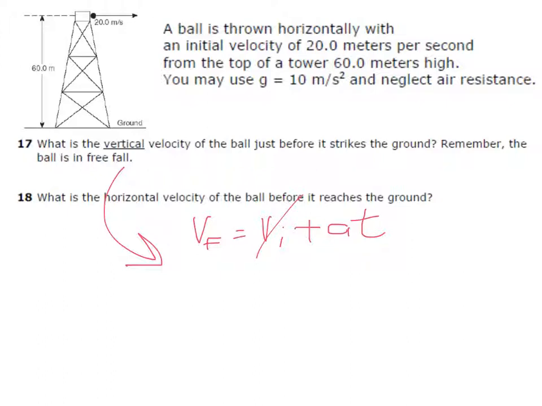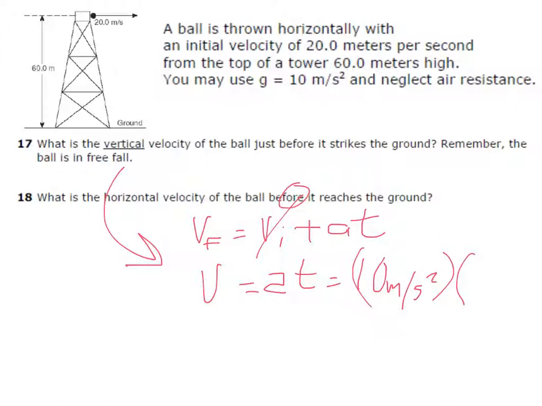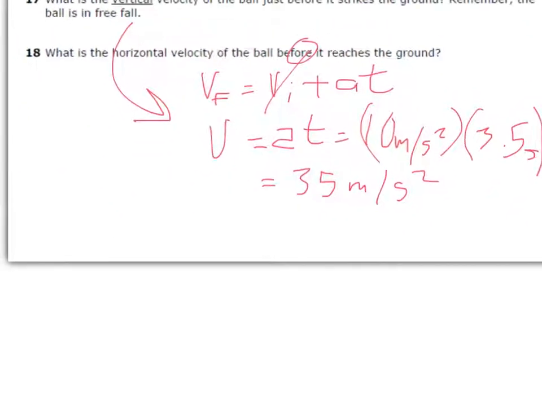This is 0, so we can neglect it, and we end up with V is equal to AT, so it's equal to 10 meters per second squared times the 3.5 seconds that we came up with in the previous question, so we end up with 35 meters per second squared.